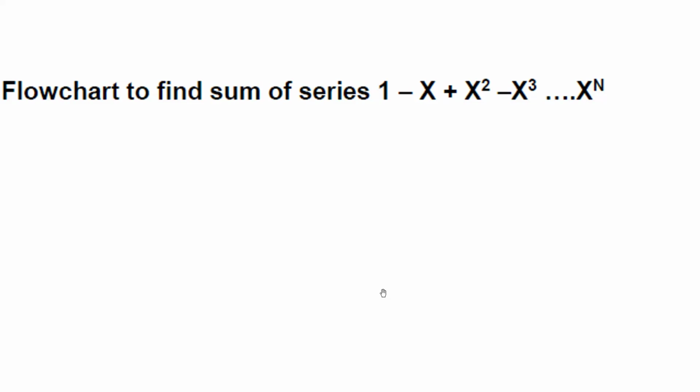So how can you construct this logic? Actually, we have two unknown values in here. We should read this x value from the user, and also we should read this n value from our user.